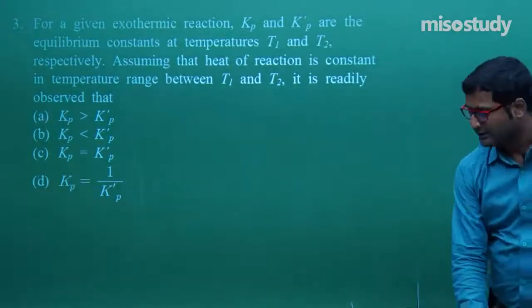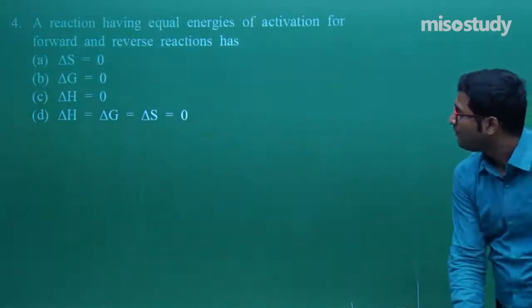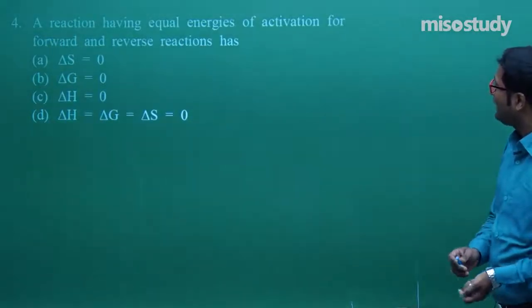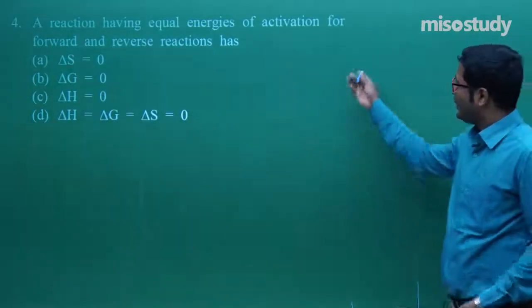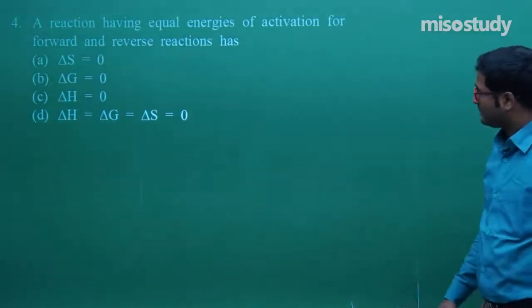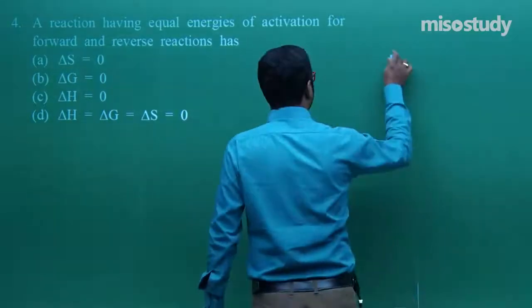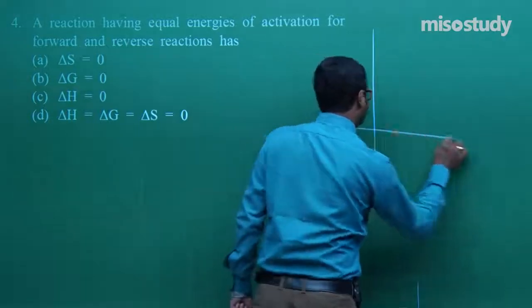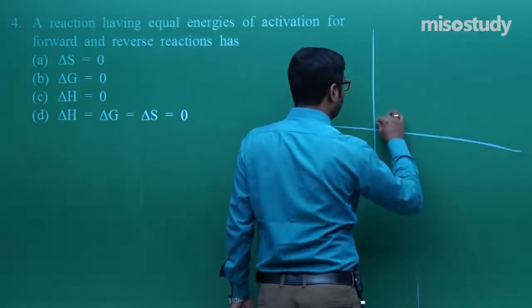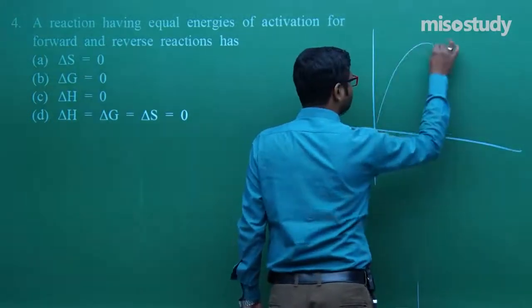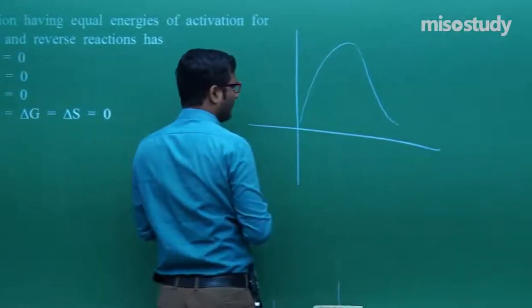Now the next question is question number 4. A reaction having equal energies of activation for forward and reverse reaction. What to do? Look at this graph.